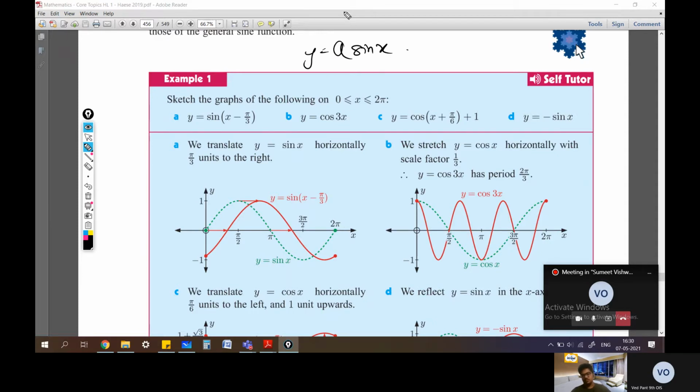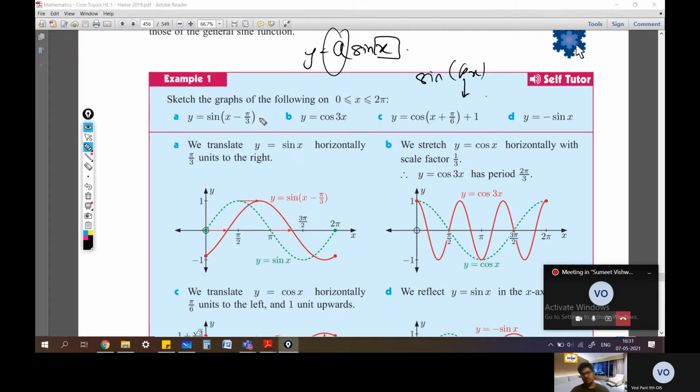The amplitude increases or decreases, yes or no? Whenever we multiply outside the function, the amplitude changes. And whenever we multiply inside the function, like in sine dx, what happens? Frequency increases or decreases, yes or no? That means wavelength decreases or increases.